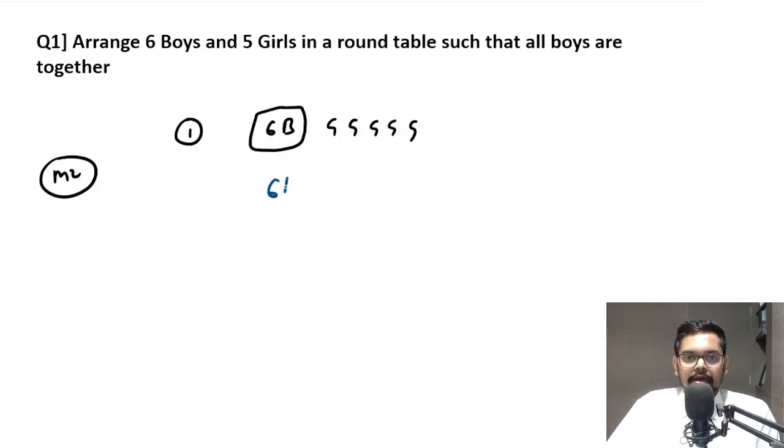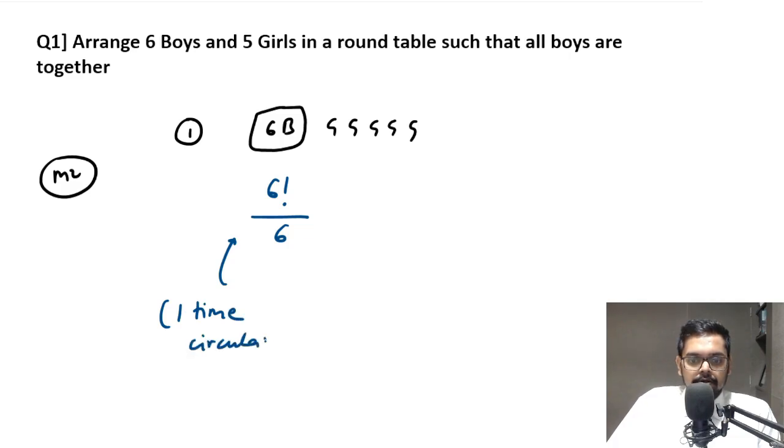So 6 players on a circular table can be seated in 6 factorial by 6 ways. Okay, this is my one time circular arrangement concept done.